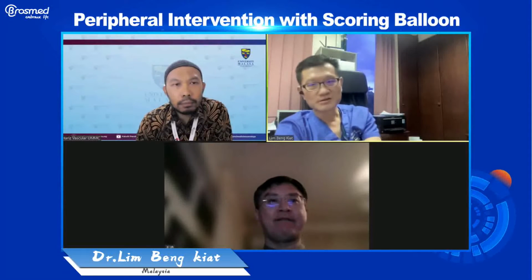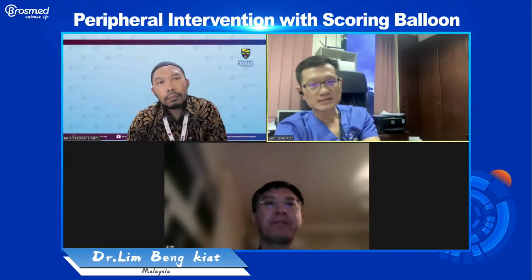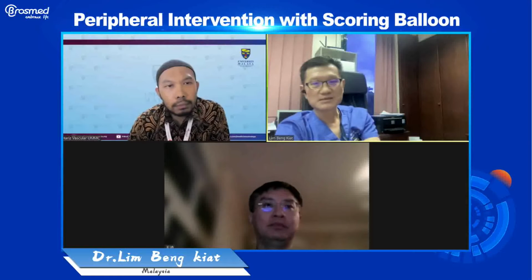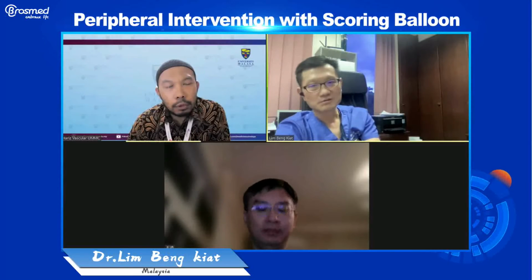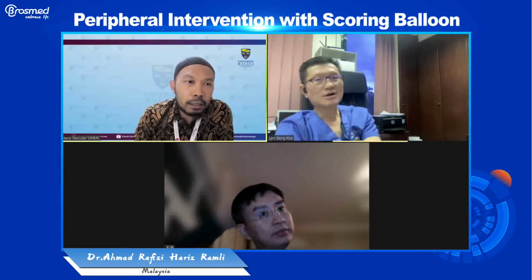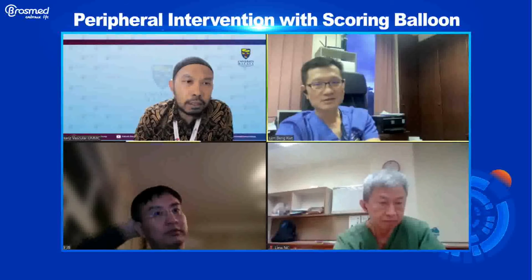But with Tri-Wedge, I think it fares slightly better. Most of the time you just use size 7 Tri-Wedge, not size 6, according to the graft size. Yes, I use size 7. Okay, all right.